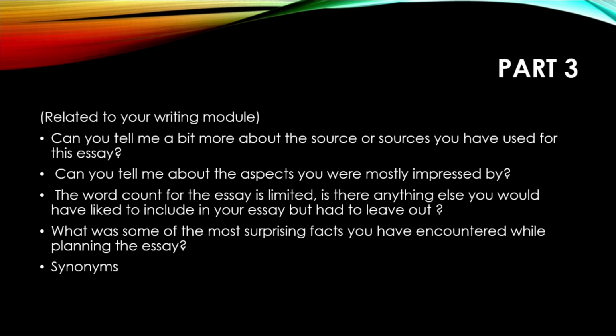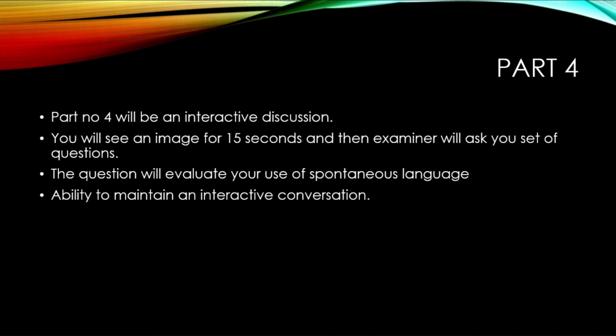These are the general questions you have to answer in part number 3. They can also ask you about synonyms. For example, if you wrote the word appropriate in your essay, they can ask what the meaning of appropriate is. So you should have a clear idea of what you wrote in your writing task.